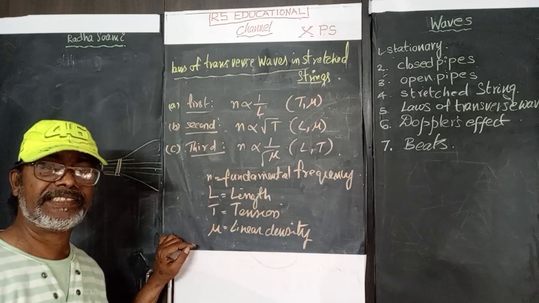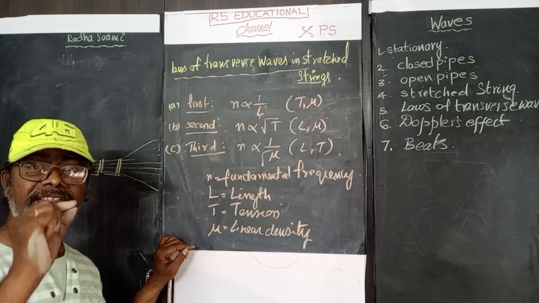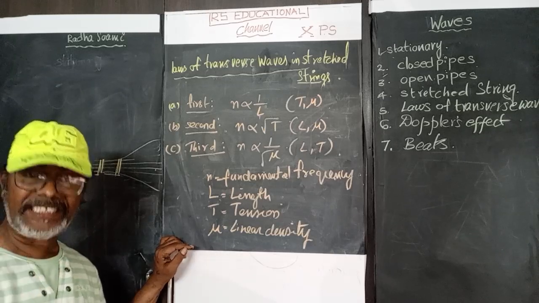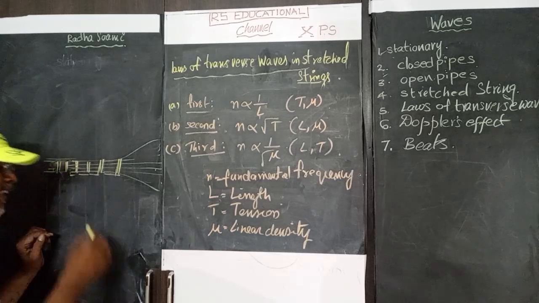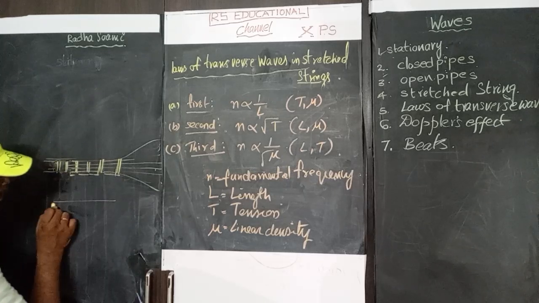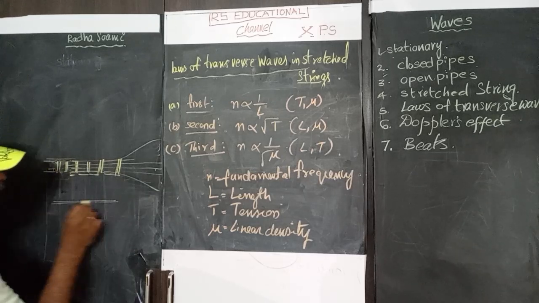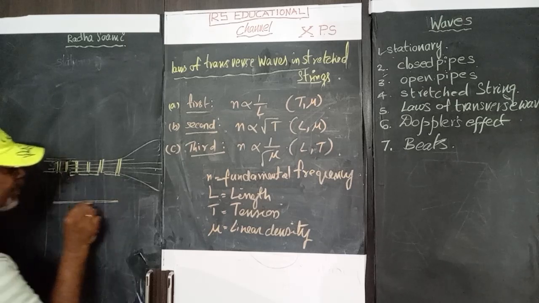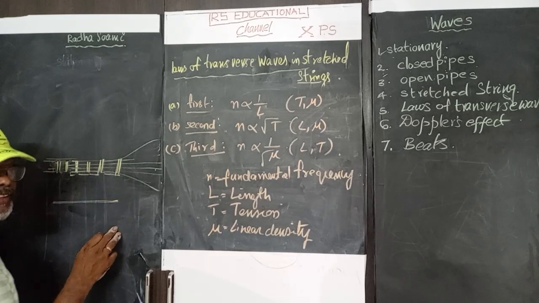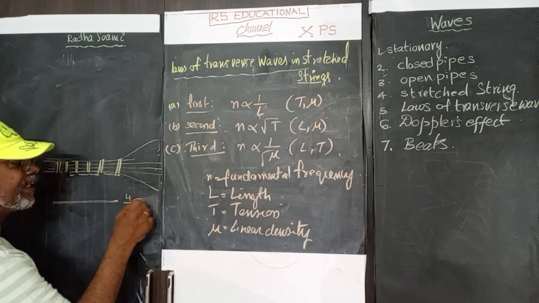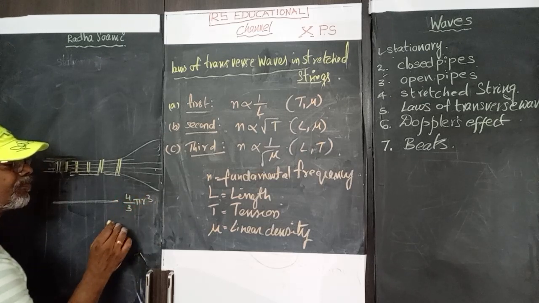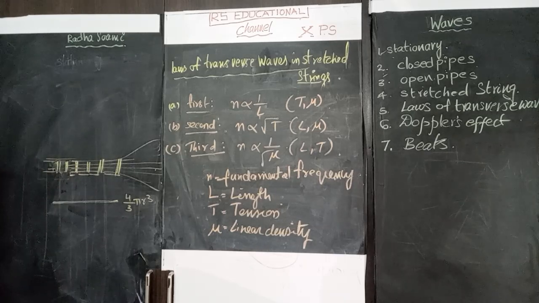Linear density means that according to the thickness we get the density. So wire is in the form of a cylinder. Wire is nothing but the cylindrical shape with less radius. Cylinder, 4/3 pi r cube. 4/3 pi r cube is the volume of the cylinder.